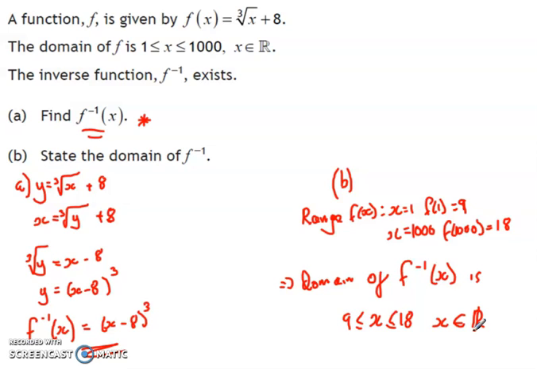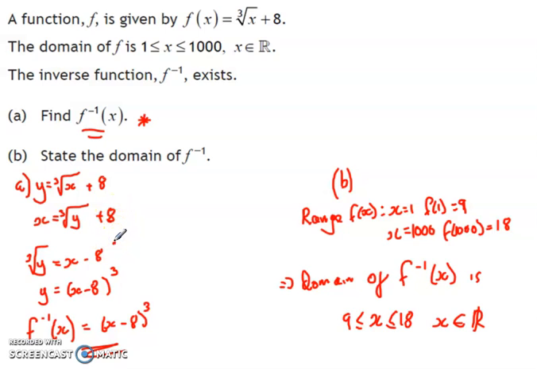A question like this is fairly straightforward if we've got some good algebra skills behind us. It comes up fairly commonly as well, and it's worth a few marks. This one is worth 4 in total. Part A is worth 3 marks. For the method we've followed here, you get 1 mark for rearranging it, so I've got x equals cube root of y plus 8 and then making my first step.